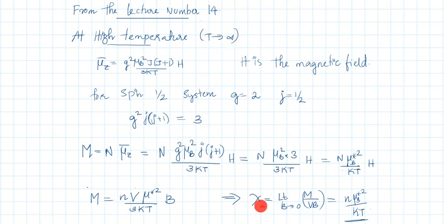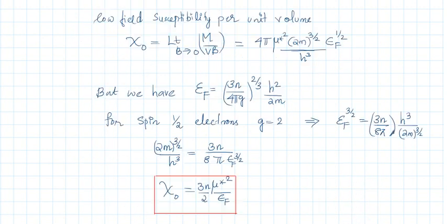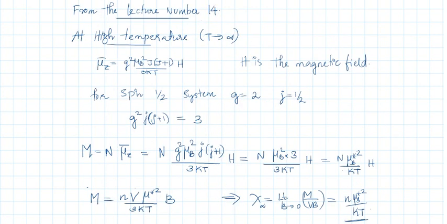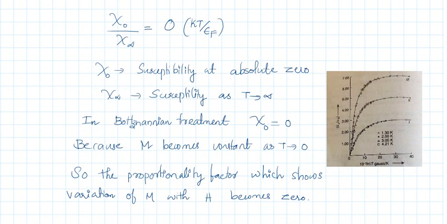We can denote it as χ∞, the limit B tends to 0 of M by VB, that is equal to nμ*² divided by kT. χ₀ is 3/2 nμ*² divided by E_F. So from these two expressions we can say that χ₀ divided by χ∞ is of the order of kT by E_F. χ₀ is susceptibility at absolute 0, χ∞ is susceptibility as T tends to infinity.